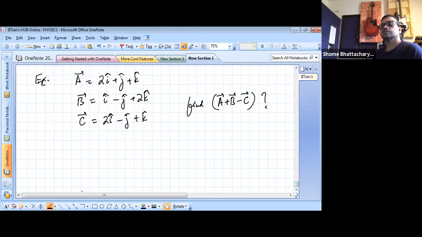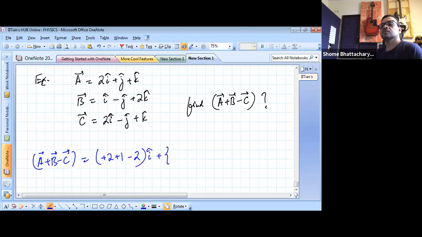Here the solution will become: A plus B minus C will become A's x component, so that is plus 2, plus B's x component, which is plus 1, minus C's x component, which is 2, that goes with i cap.